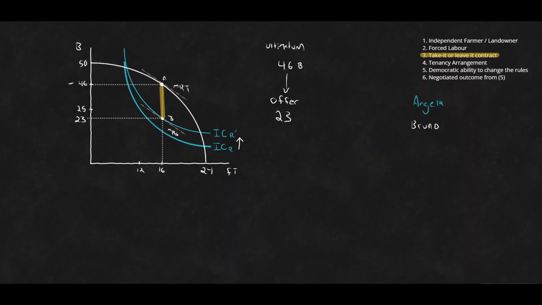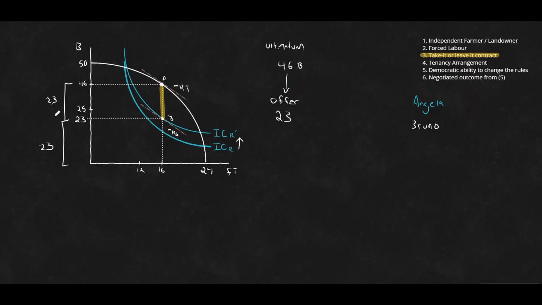So if Bruno takes 23, there we go. There's Bruno's 23. This then leaves 23 for Angela. Will Angela accept that? Well, yeah, Angela will accept it because it's on her indifference curve as to where she would feasibly be willing to produce. And so we would have this breakdown in this case of 23 bushels being provided to Bruno, 23 being provided to Angela.